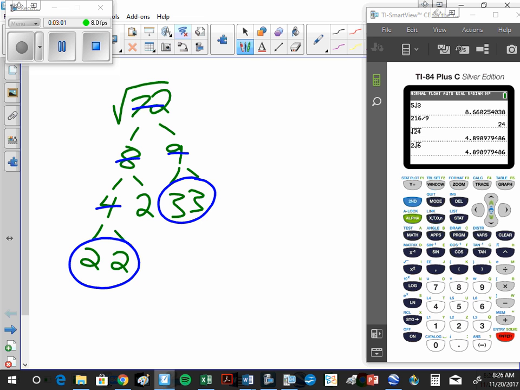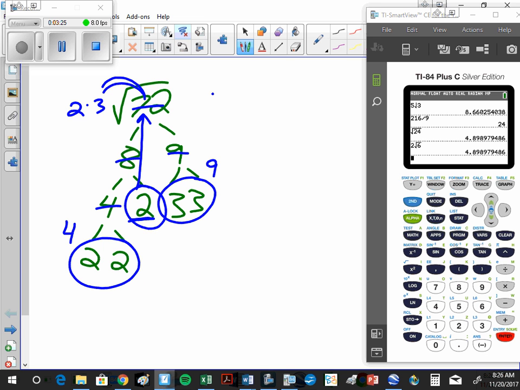So it's sort of like saying this is a 4 and this is a 9, and then I have a 2 left over. So the square root of 4 is 2, so I can bring 2 to the front. And the square root of 9 is 3, so I can bring a 3 to the front. And this 2 stays behind. It doesn't come out.